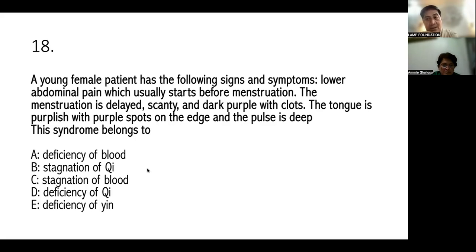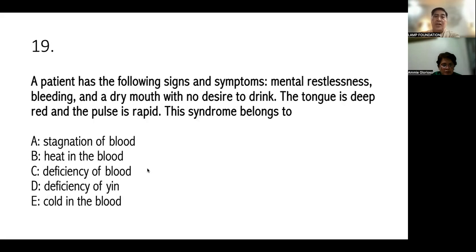Okay, pag may pasyente ka, babae, about menstruation, ano yung una-una mong tatanungin kung nag-entertain ka ng blood stagnation? About menstruation. Kung yung menstruation niya is delayed, konti lang ba, saka blood clots. Okay, dark.